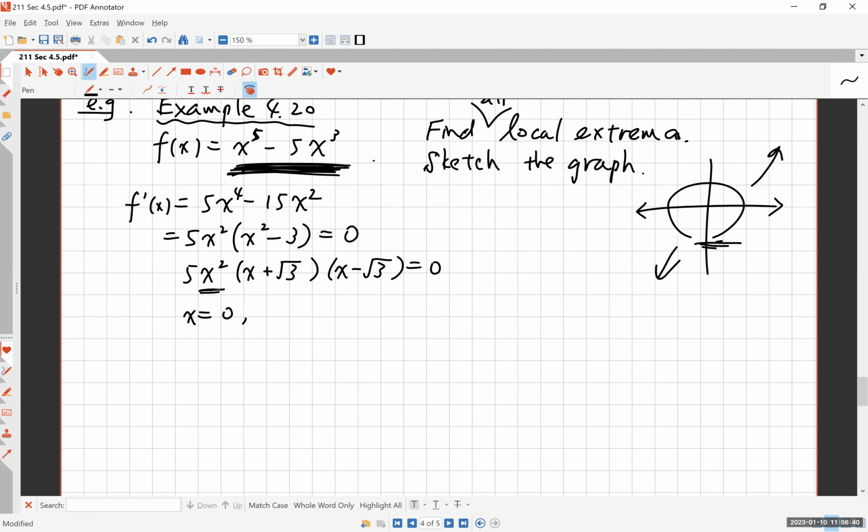That 0 is a repeated root with multiplicity 2 because you have x squared in here, and that's x minus 0 squared. And then you have plus or minus square root of 3. Okay, so those are the places where the derivative is equal to 0. In fact, we found exactly 3 critical points and no more.